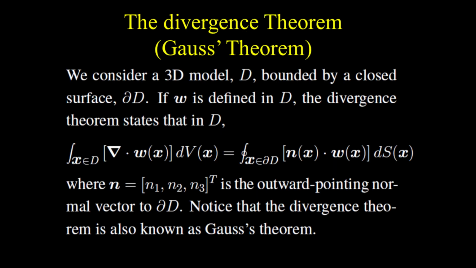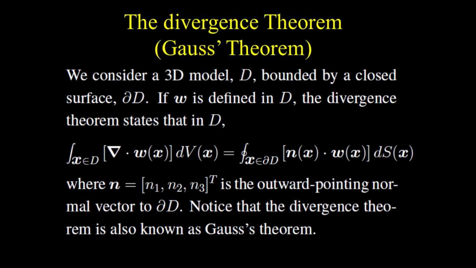We consider a 3D model, D, bounded by a closed surface, partial D. If W is defined in D, the divergence theorem states that in D, the volume integral of the divergence of W is equal to the surface integral of the scalar product of W and the normal vector to the surface of D. Here is Gauss' theorem, not to be confused with Gauss' law that we will introduce in the electromagnetic classes.